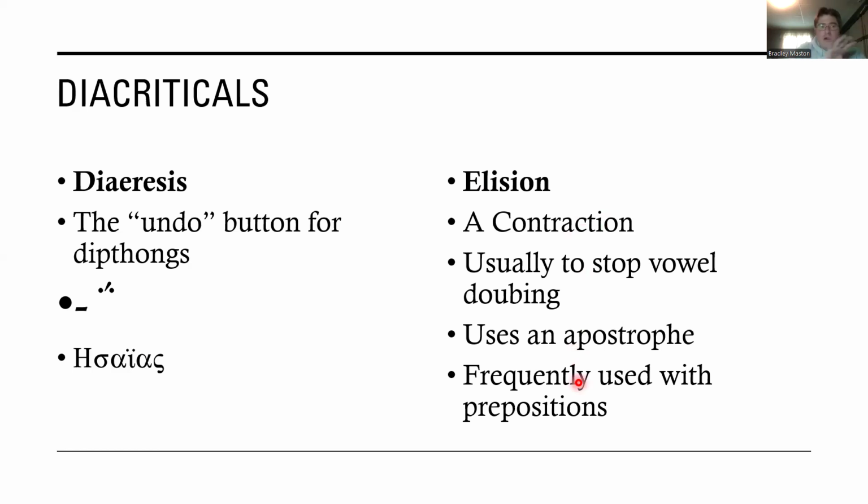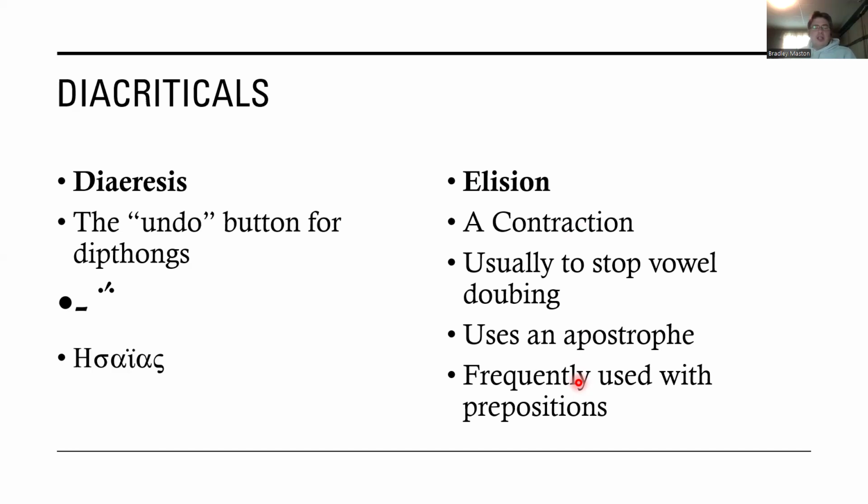So whereas most of our contractions we tend to think of as the end of a word, for them, it's going to be more in the beginning of the word. So like the preposition dia or alla will drop a letter so that you don't have to have double vowel sounds, which is what we do too, right? Just to point out as an example, what's the difference between a and an in English?